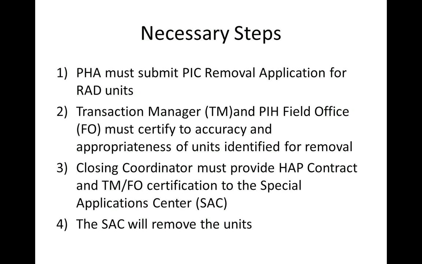Second, in many cases, the units that are leaving the public housing inventory do not match up perfectly with the number of units that will be under a HAP contract. That might be because there's a manager's unit or a unit used for services, or there's some discrepancy in PIC.